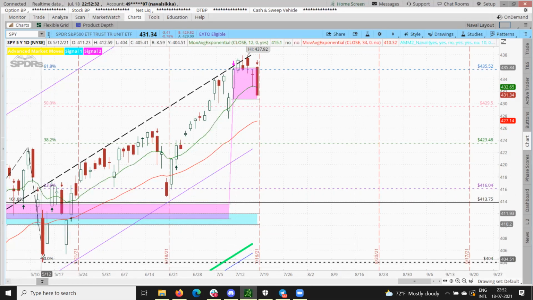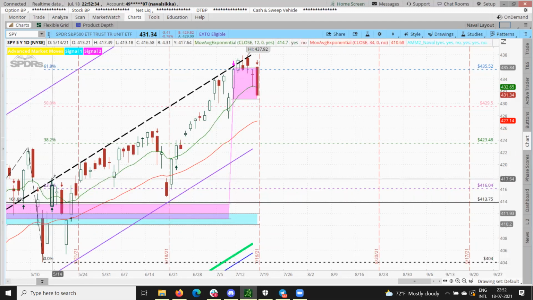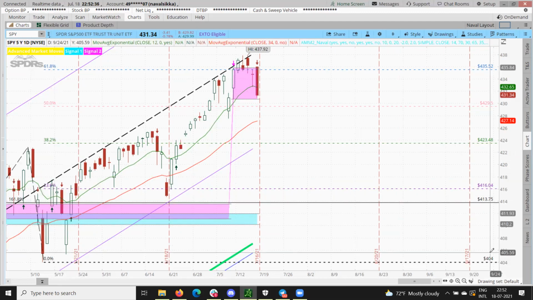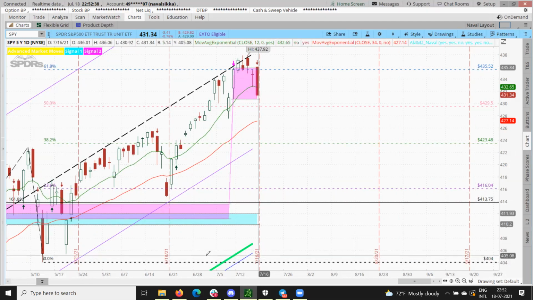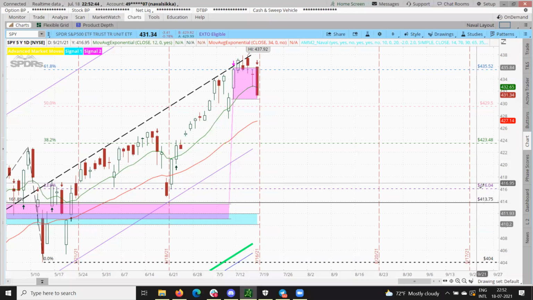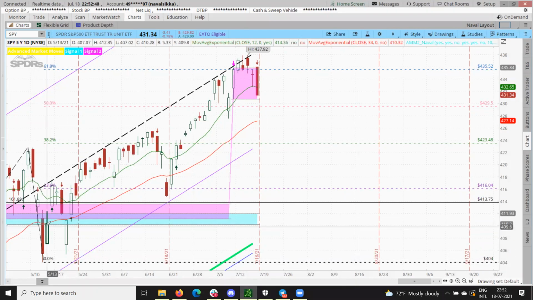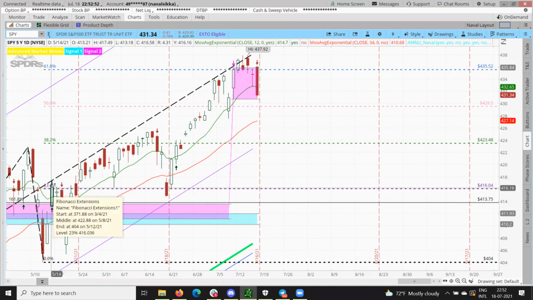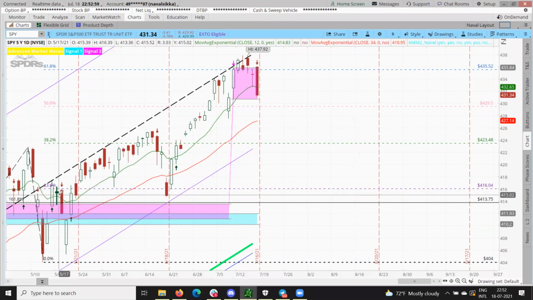Here the first target is 23.6. So when it came to 404, the first target on a short-term Fibonacci extension was 416. Look right here. When it touched here, in the next two candles it tested this line, but it could not breach it. So once it fails to breach, it will come back.